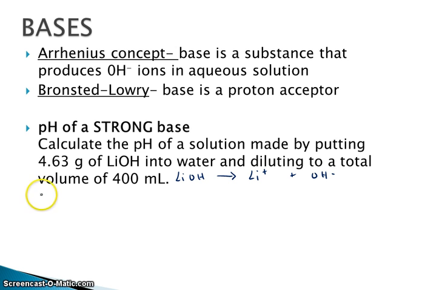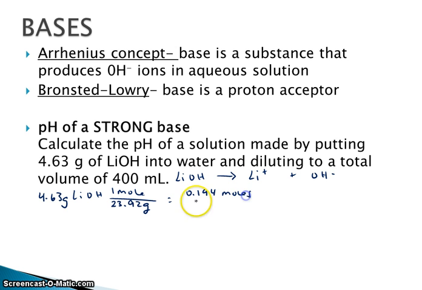Now let's calculate our concentration. 4.63 grams of lithium hydroxide. We know from the periodic table that 1 mole of lithium hydroxide is 23.92 grams. So that'll give us 0.194 moles of lithium hydroxide.